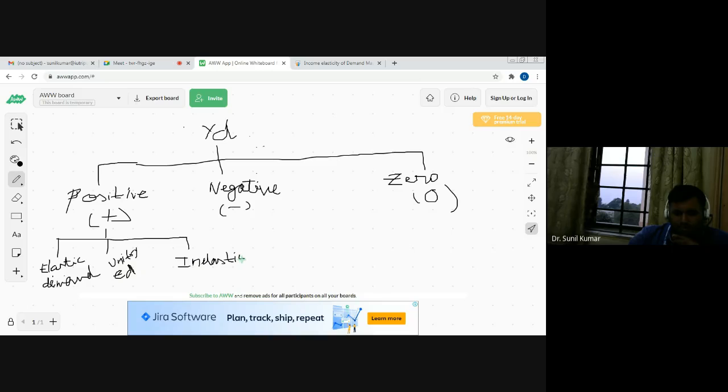So this one is inelastic elasticity of demand, you may write.